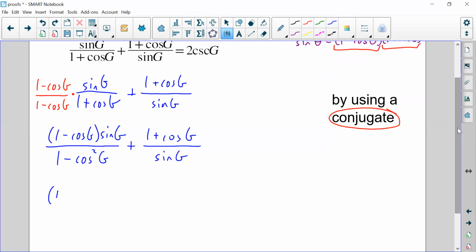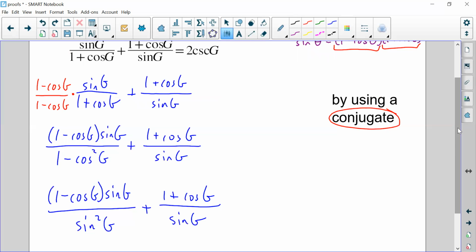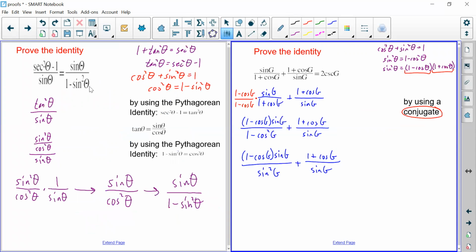Now 1 minus cosine squared of g, as I described before, is the same thing as sine squared of g. Two of those sines cancel out, so I'm left with 1 minus cosine of g over sine of g plus 1 plus cosine of g over sine of g.